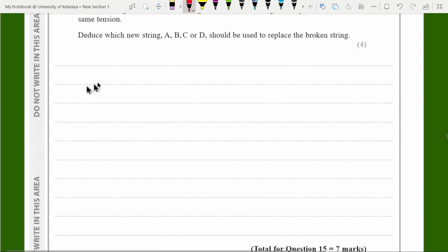First you have to find v, and v is equal to f lambda, which means 196 hertz times 0.72 meters. If you calculate this one, what you will get here is 141 meters per second.